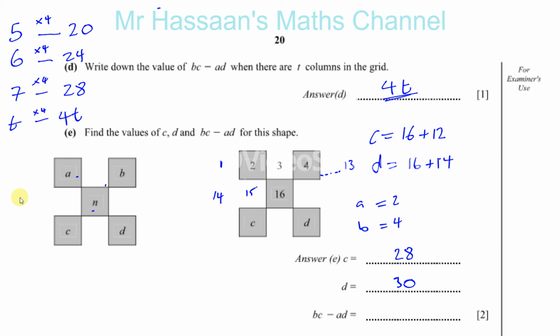So BC is 4 times 28 minus AD, which is 2 times 30. 4 times 28 minus 2 times 30 gives you 52, exactly what we found earlier.